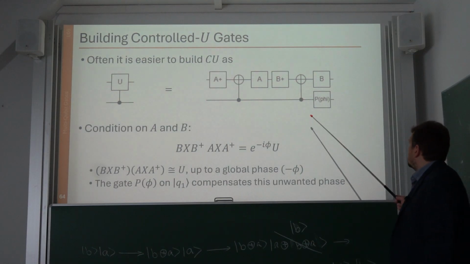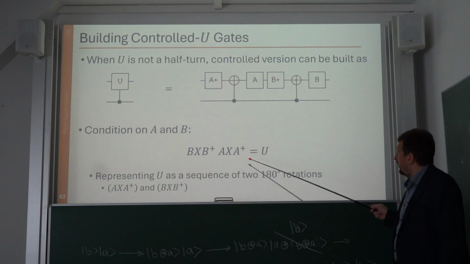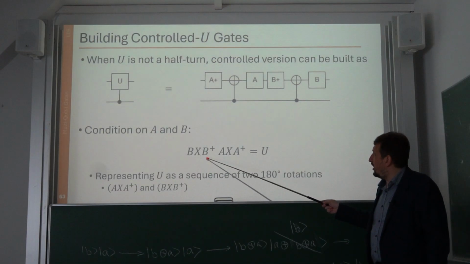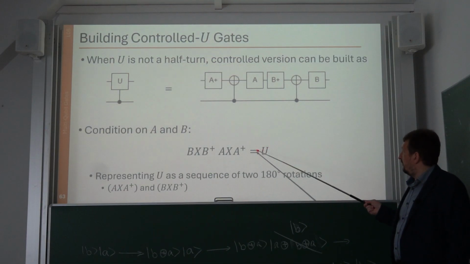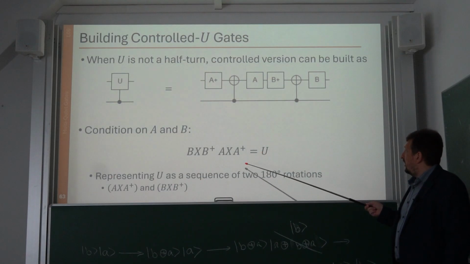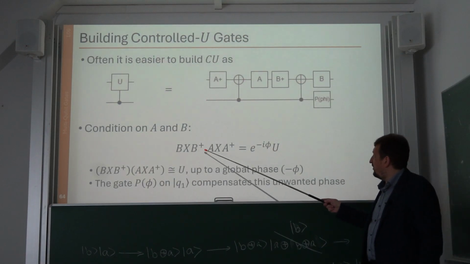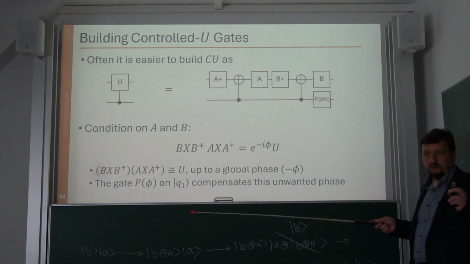To realize this decomposition, we need to find A and B that satisfy this formula. And sometimes it is easier to find A and B which are equivalent to U up to a global phase.